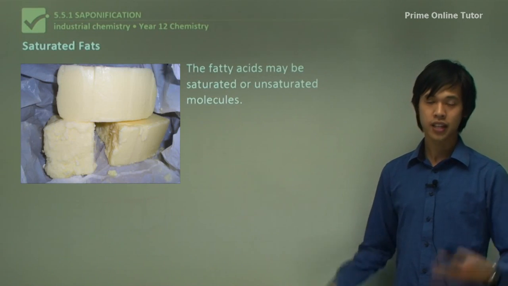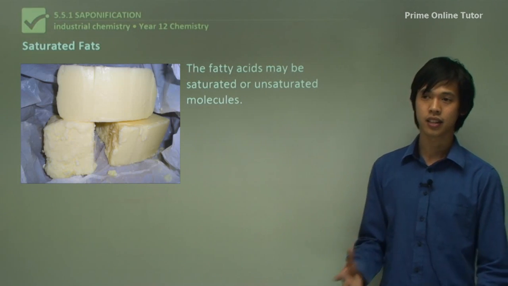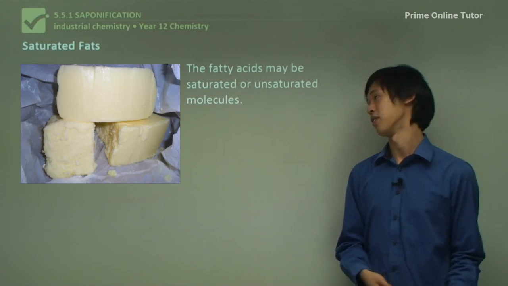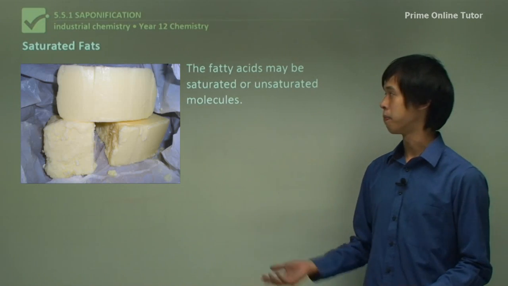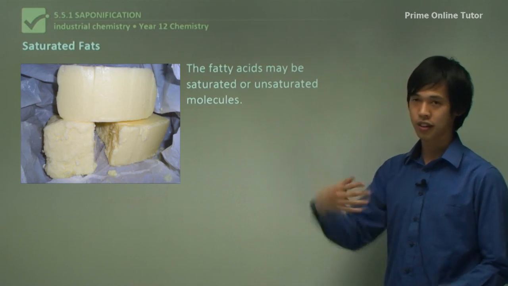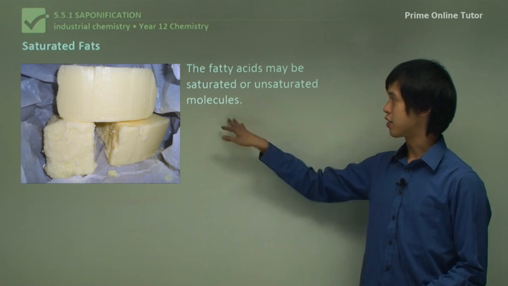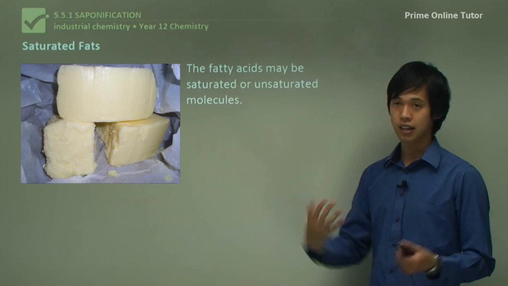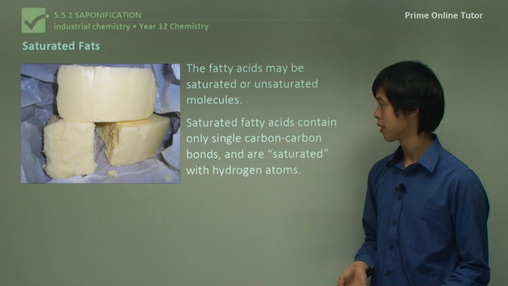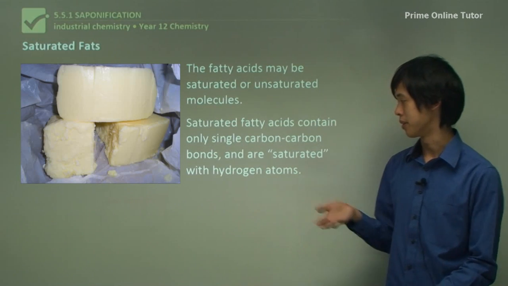So what are the actual components of soap? Well, there's fat, essentially, which is an ester, and then there's sodium hydroxide, and those are the only two things that we need. So what kinds of fats are there? Well, there are saturated fats. For those who study PE or biology, fatty acids can come in saturated or unsaturated molecules, and saturated fatty acids contain only single carbon-to-carbon bonds.